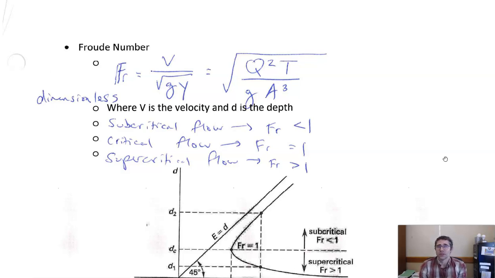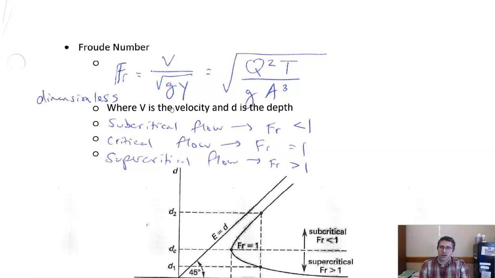The Reynolds number is the ratio of the inertial forces relative to the viscous forces, and the Froude number also relates to kinds of forces, but has more to do with gravity. So V over square root of gy, but another way of expressing it is the square root of Q squared T over g A cubed, which you might recognize.